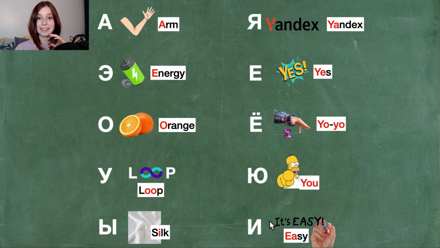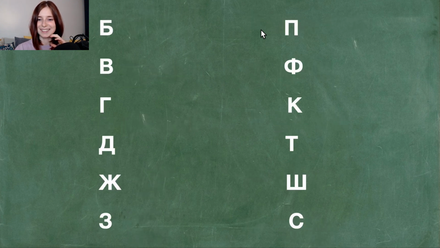By the way, И actually means and, like me and you. Я и ты. And я actually means I, in case you didn't know this. Here you go. Your first words in Russian.